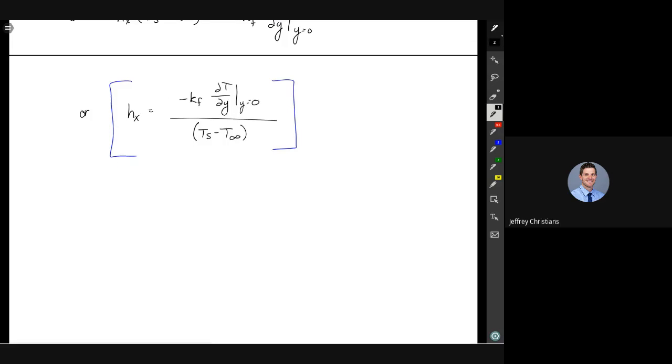So this gives us a couple of rules to think about for convection. So Kf, the thermal conductivity of the fluid, is obviously a fluid property. Ts and T infinity are constants.